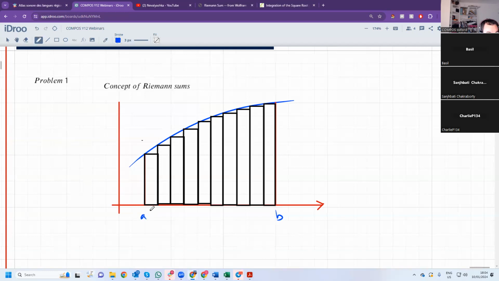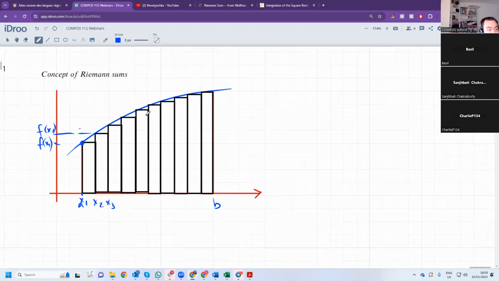If this is x1, this is x2, this is x3, etc., for the height of the rectangle I'm using f of x1, then again f of x2, etc. Let's assume that the width of one rectangle is delta x.